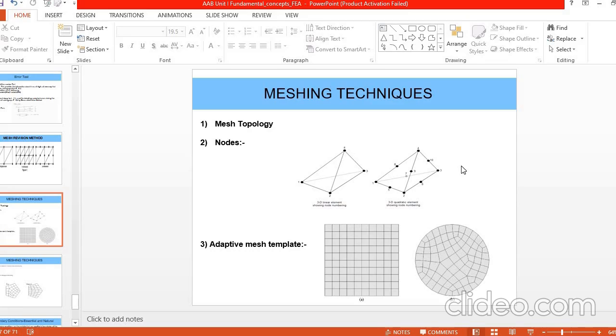The grid is superimposed on the object, and the cells that fall outside the objects are removed. The grid cells that intersect with object boundaries are adjusted or trimmed so that they fit into the objects.